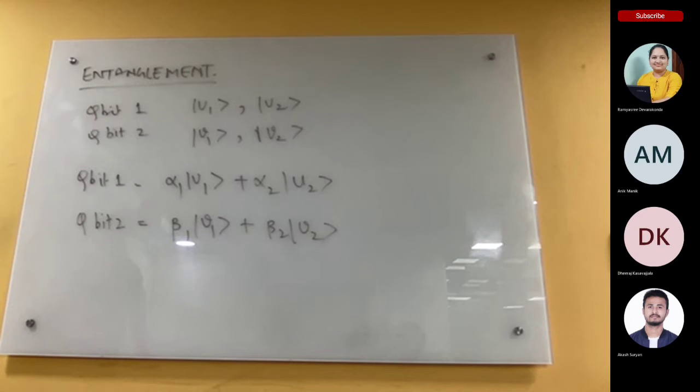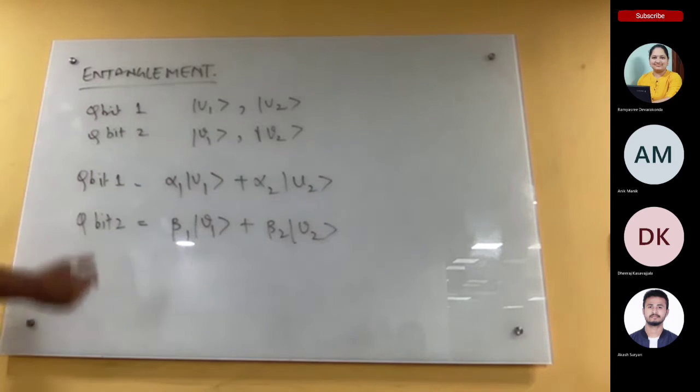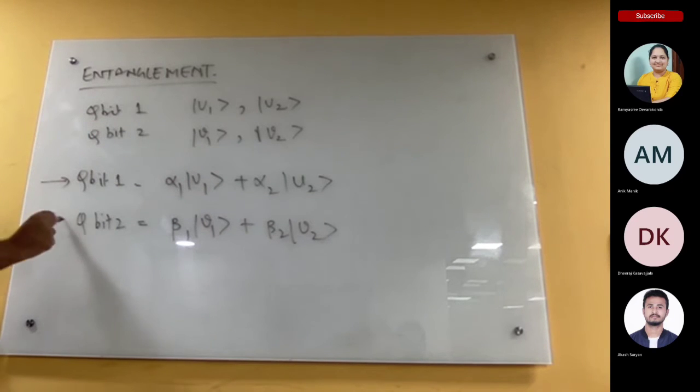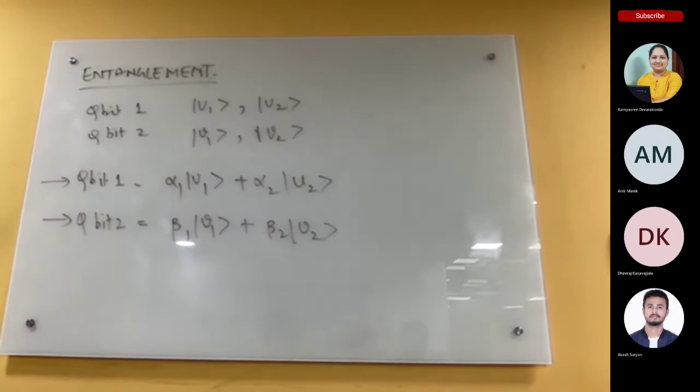So now, if you want to write the combined state of these two qubits, this is the superposition state of qubit 1 and this is the superposition state of qubit 2. You want to write one configuration, which is the combined state. That is nothing but the tensor product of the two states.